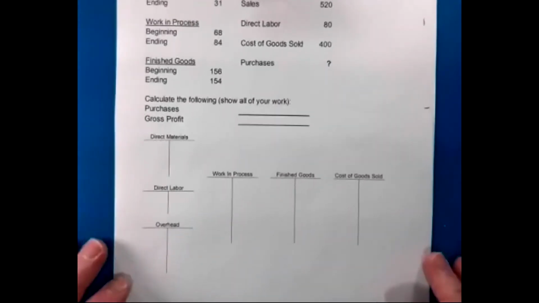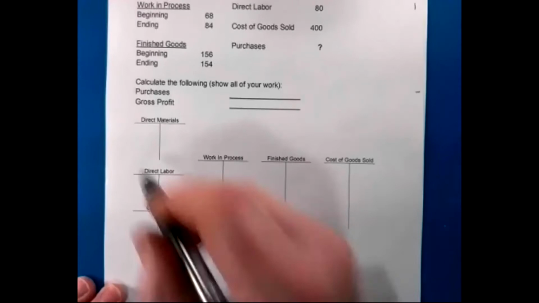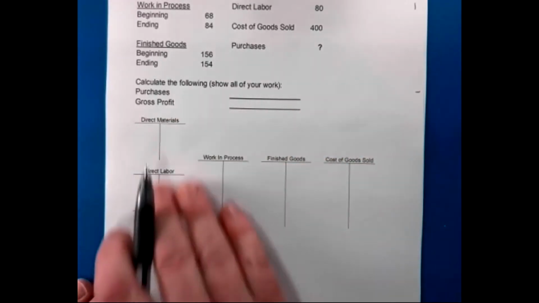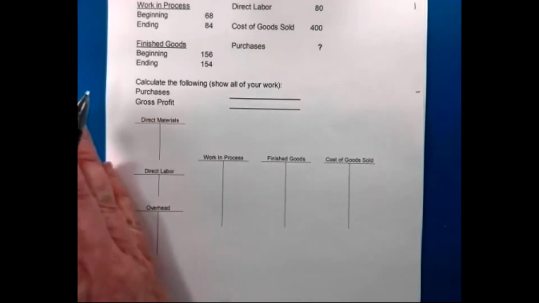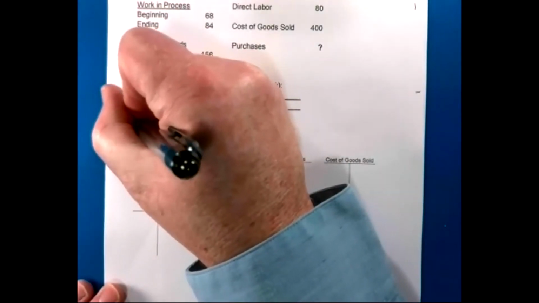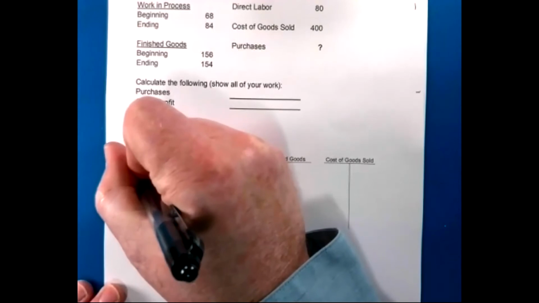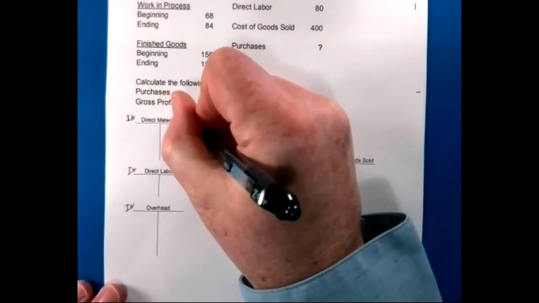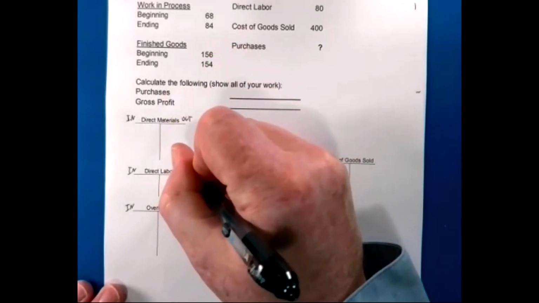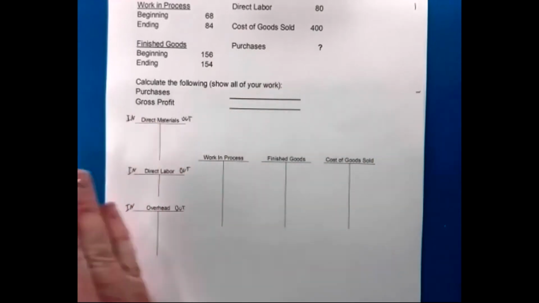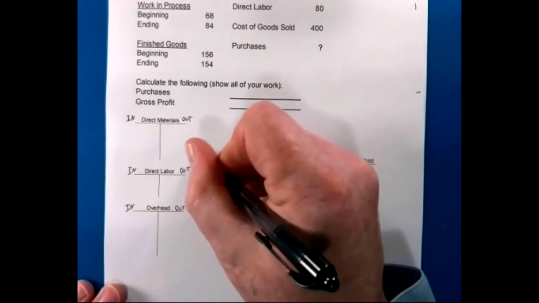Remember, when I first get these, these T accounts we're really just using to see the flow. So you really don't have to know debits and credits. Everything comes in on the left and goes out on the right. It goes from here to here.